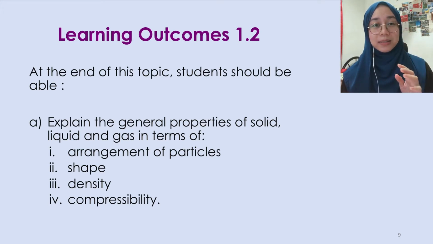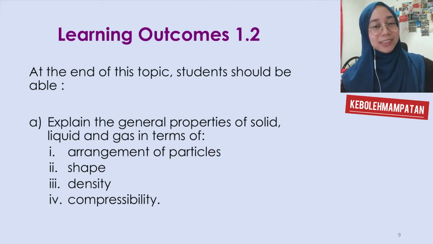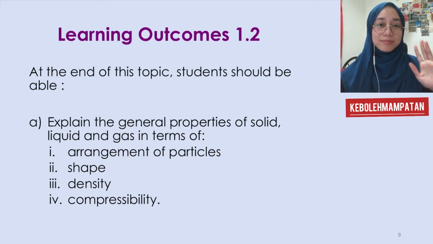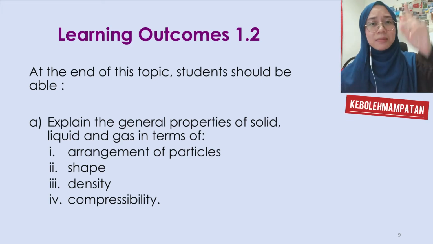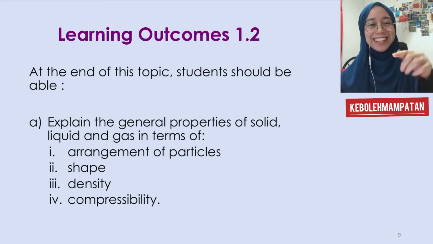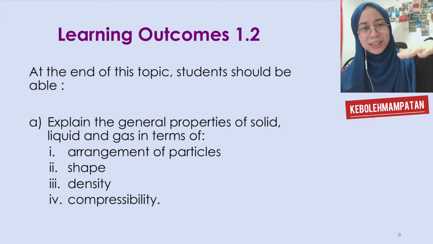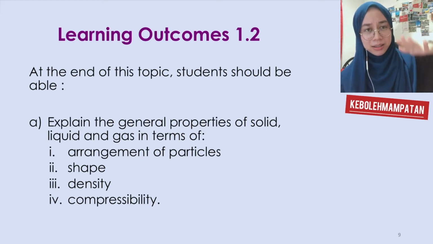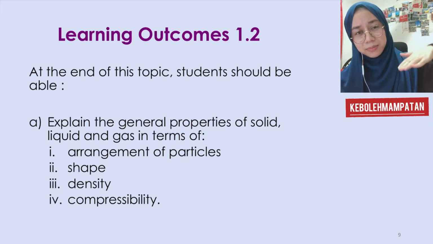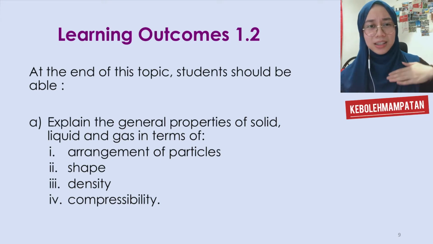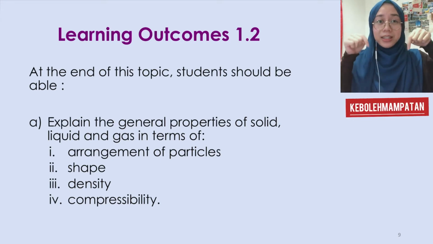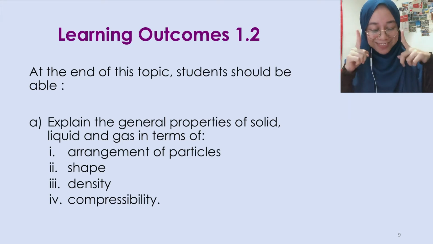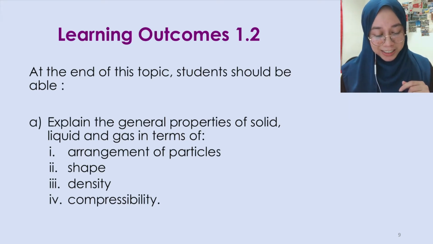Okay, and then compressibility. Nantilah Miss cari apa maksud compressibility. Compressibility tu adalah kalau kita boleh kasih tolak lagi. Miss tak ingat apa nama bahasa Melayu. Tak apa. Nanti kita tengok apa dia. Nanti Miss letak kat bawah apa benda compressibility.